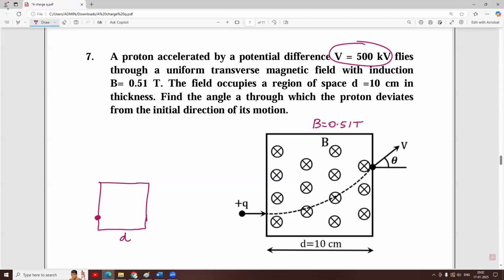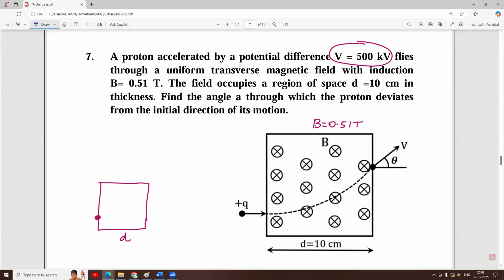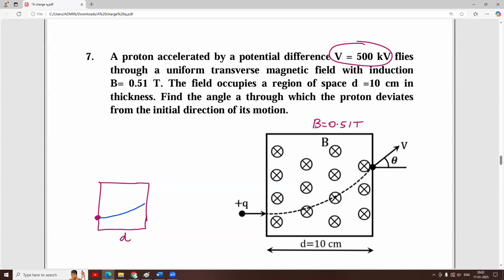If this is the curved path like this, then its center will be somewhere here. So this will be the radius R, and the same radius will occur somewhere here. From here onward, if there is no magnetic field, then it will move straight. And this was the original direction. That's what we have to find out, theta.